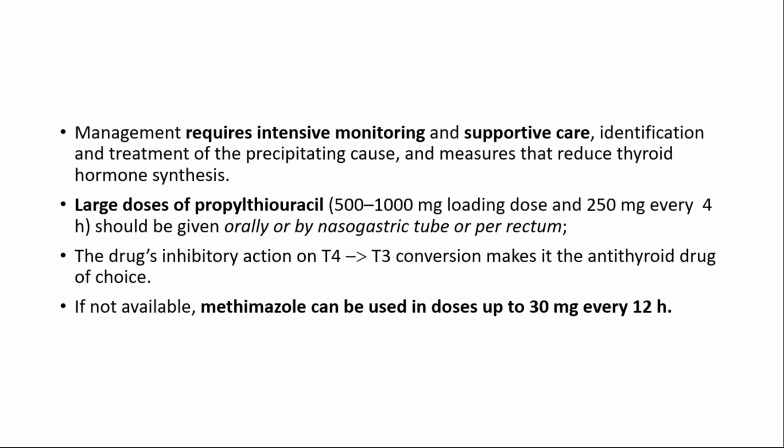It should be given orally, by NG tube, or per rectum; either route is feasible. Basically, it is given to prevent the conversion of T4 to T3. If propylthiouracil is not available, methimazole is given, that is carbimazole, which you have heard of, 30 milligram every 12 hours.